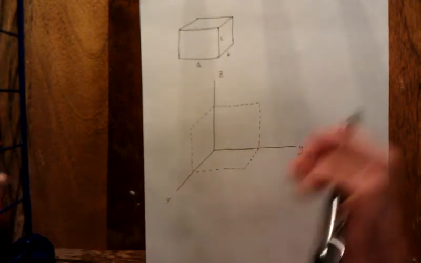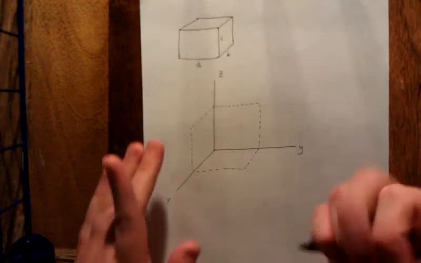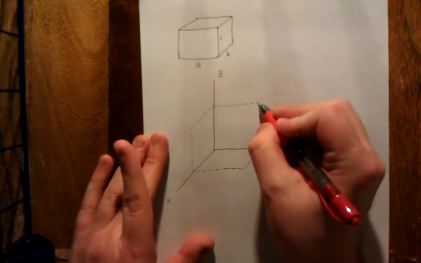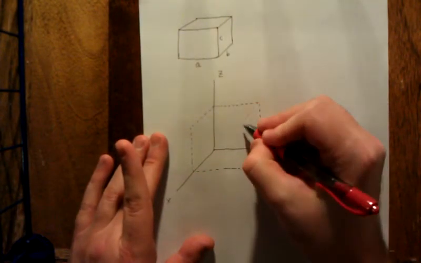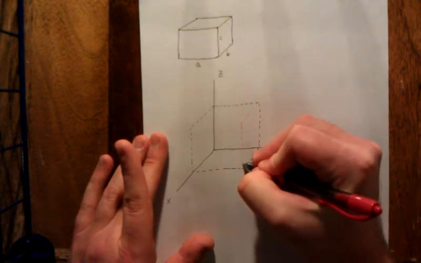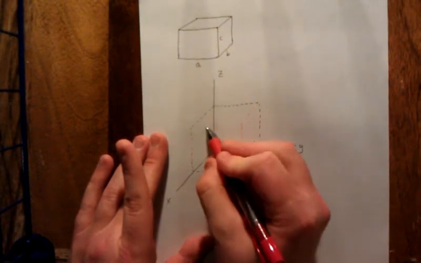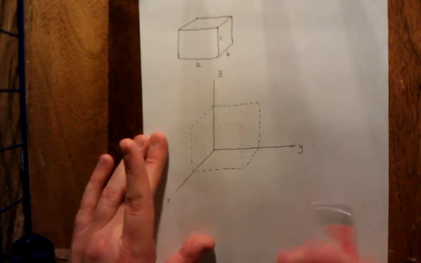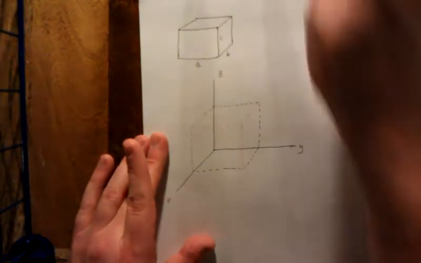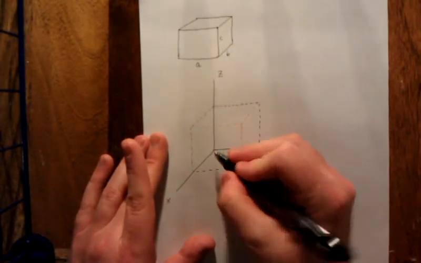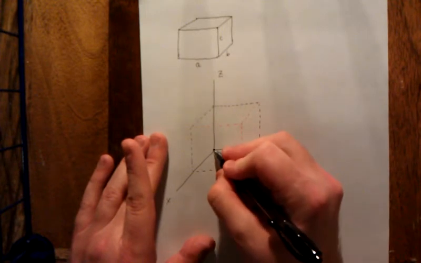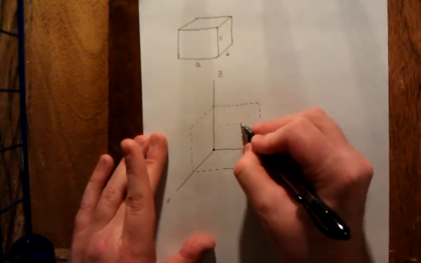Stuff not attached to a plane, I'm going to draw in red so that we know that it's coming out at us, like so. What we're interested in is an expression for the distance from our origin, right here, out to this point right here.